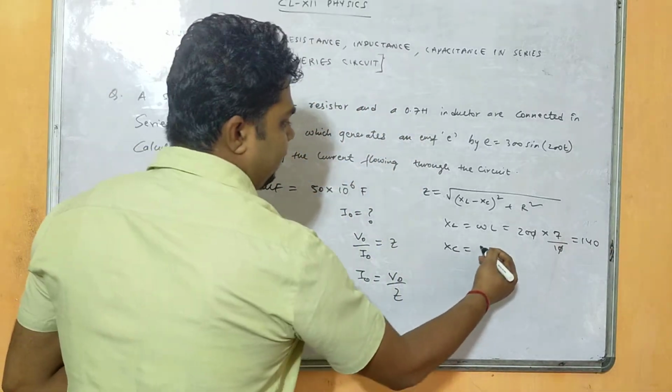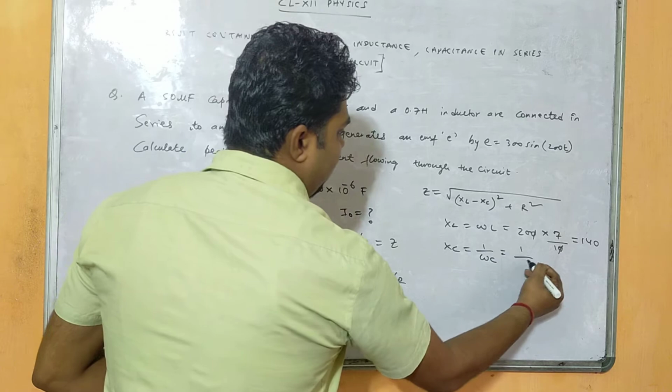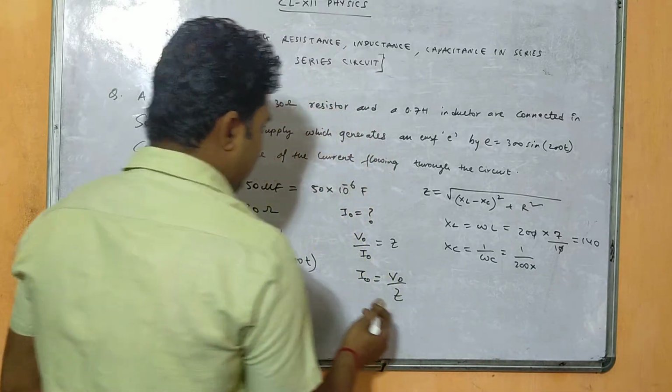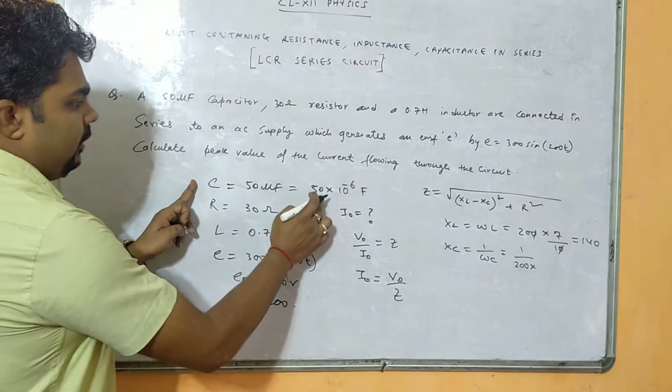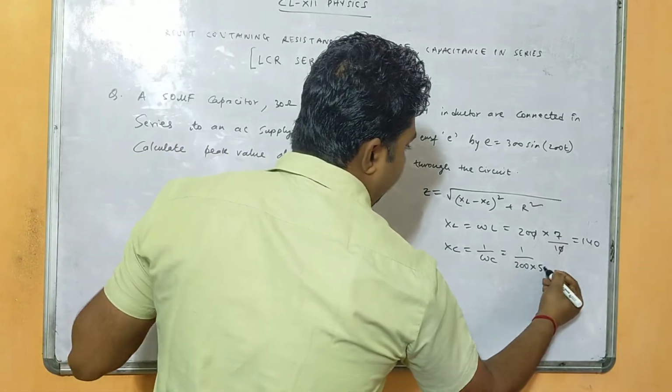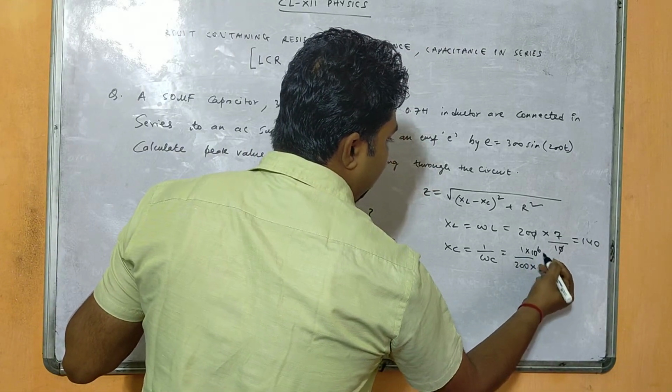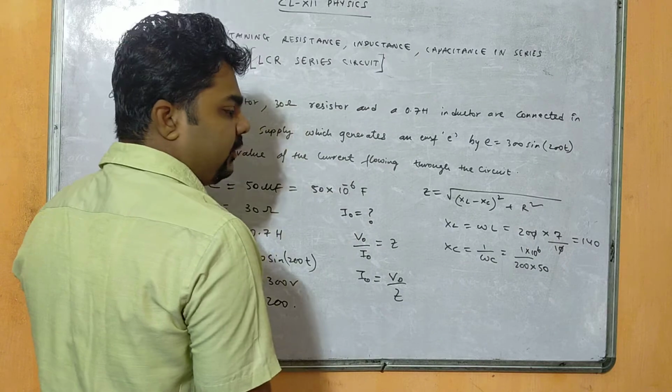Similarly XC. XC means 1 by omega C. Omega is 200 and what is C? Capacitance is given as 50 microfarad. So the 10 to the power minus 6 will go up and become 10 to the power 6.